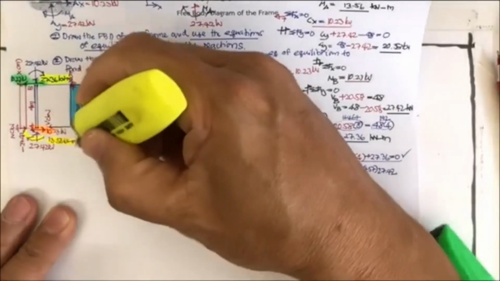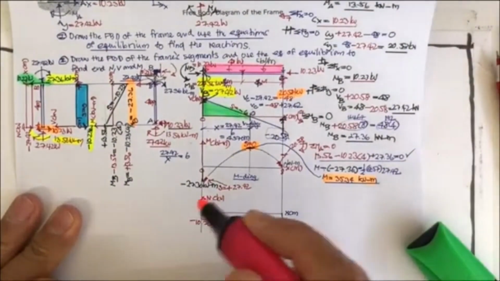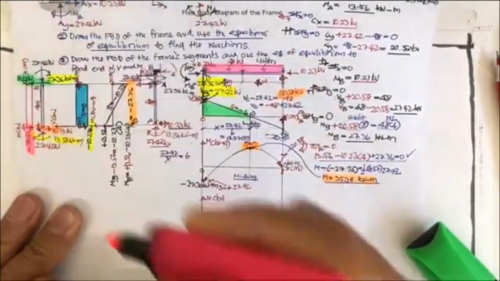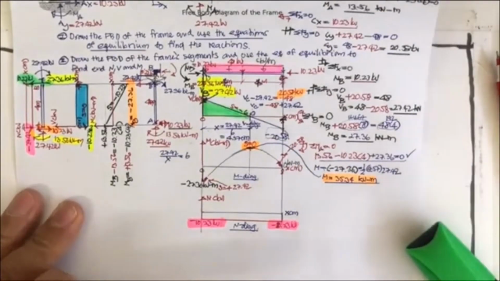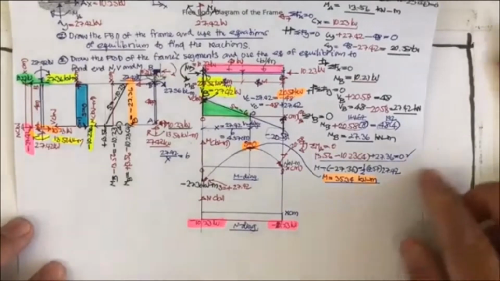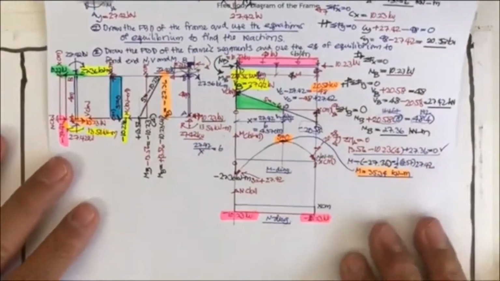For the maximum shear of this, it is like this. For the maximum axial force, they are different. This one is equal to minus 10.23, and this one is minus 27.42.